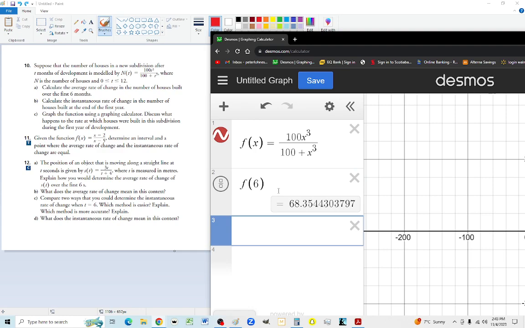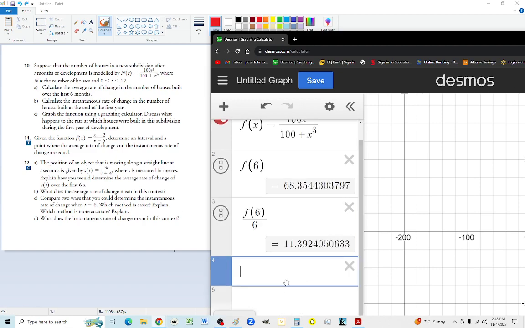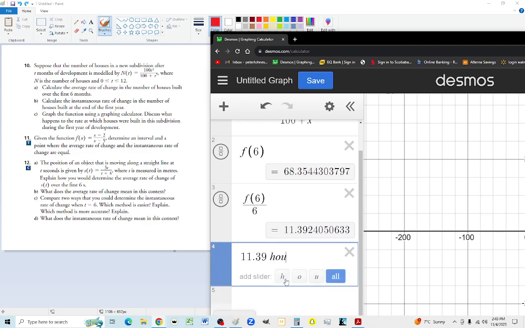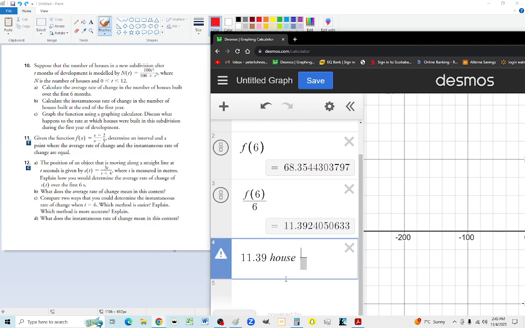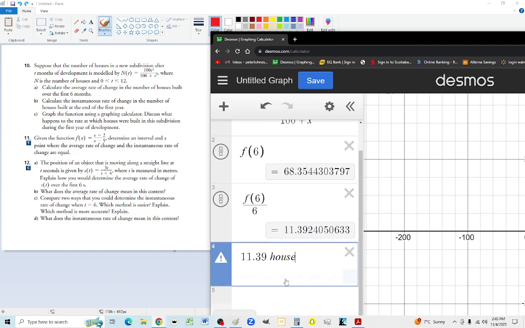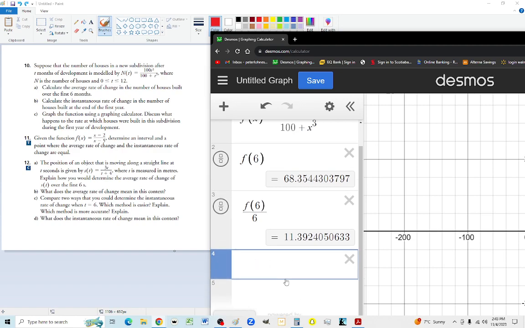So to calculate the average rate of change between 6 and 0, it would be f of 6 minus f of 0, which is 0, divided by 6. So that would be, and this is where n is the number of houses, an average of 11.39 houses per month between 0 and 6. That's the average.